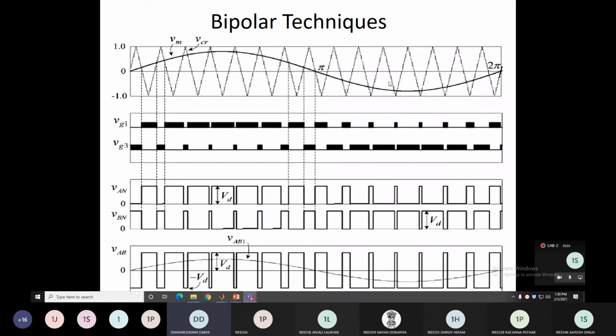You can calculate the frequency of this triangular wave. Anyone can calculate it? This is one cycle of your reference signal. In this one cycle of the reference signal, how many cycles of this triangular wave are completed?